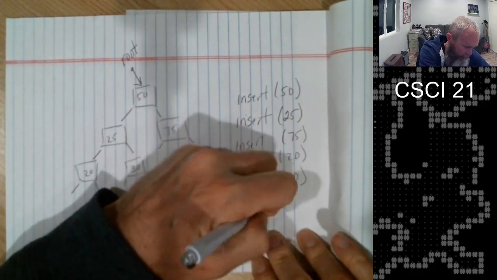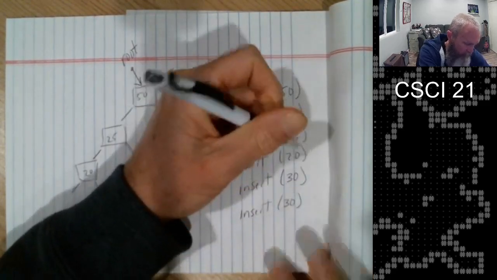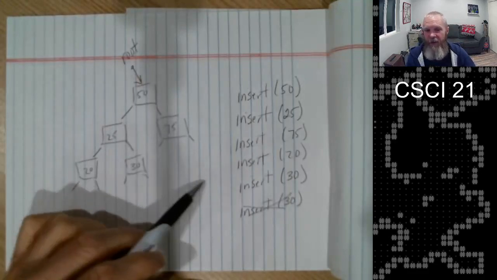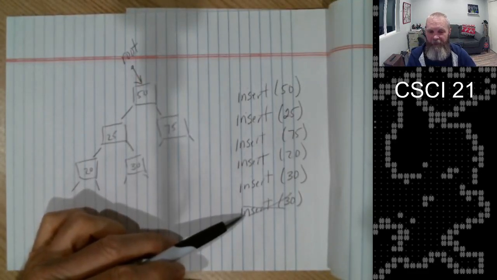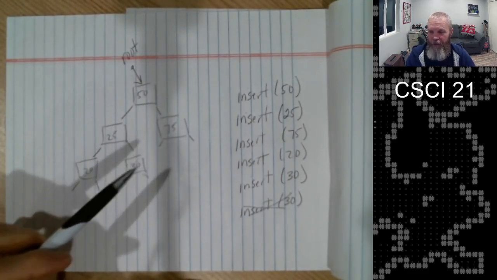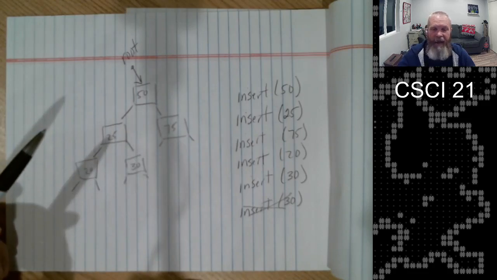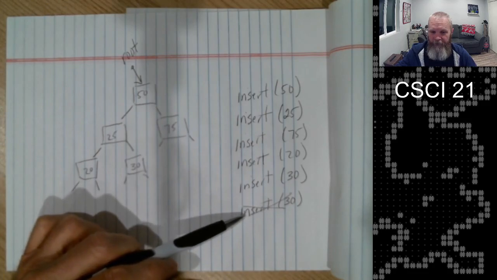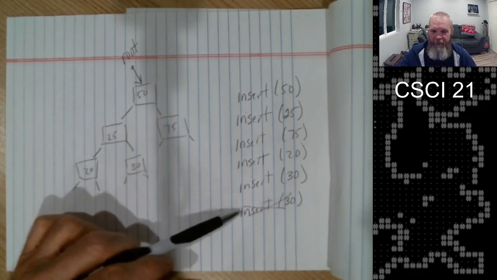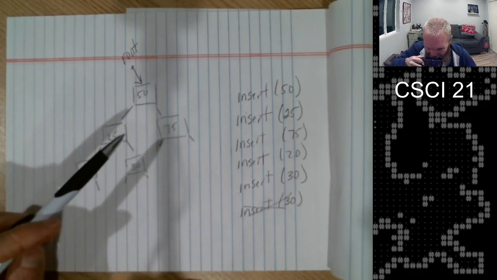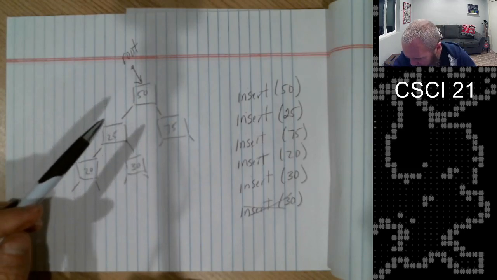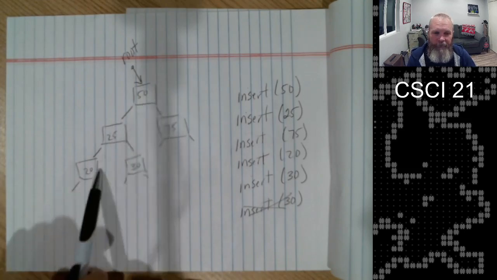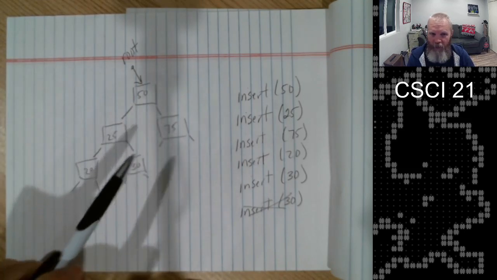For our binary search tree, we will refuse to insert duplicate data. That way we preserve the ordering that we want on our tree. So excellent question about duplicates. We will not insert a 30 or any duplicate data.